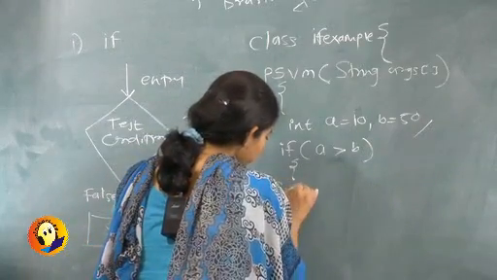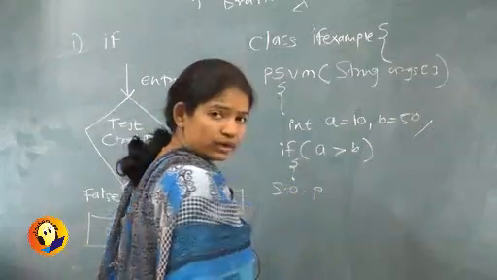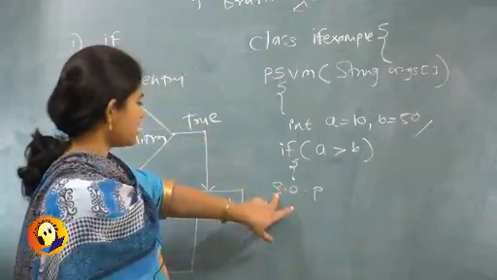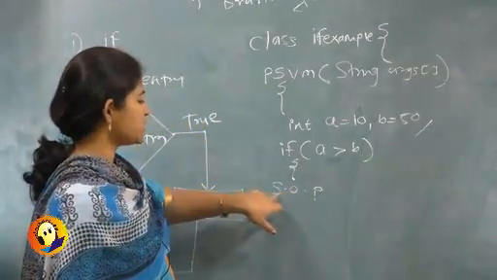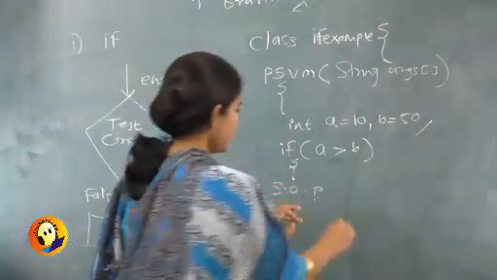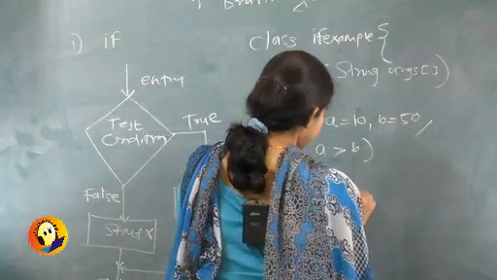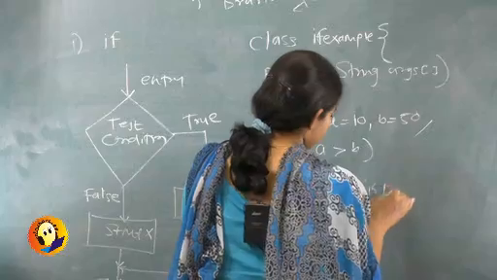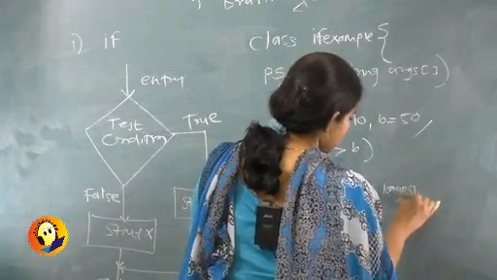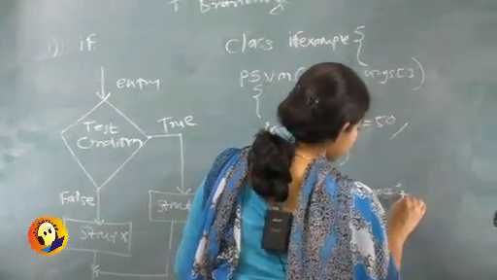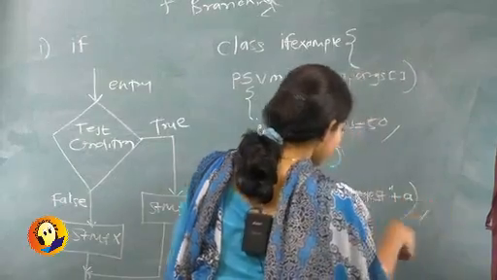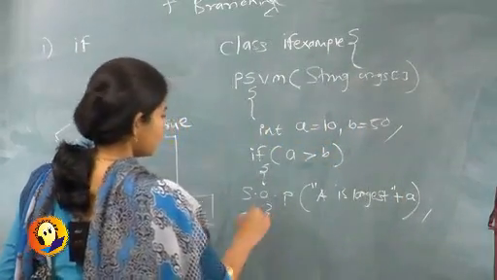I need to write one statement, System.out.println, this S.O.P is nothing but System.out.println, in brackets, "a is largest number", and display the value of a on screen, that is simply a.